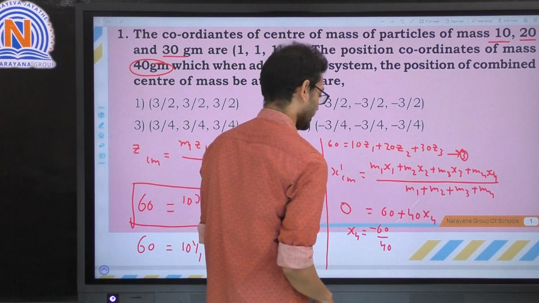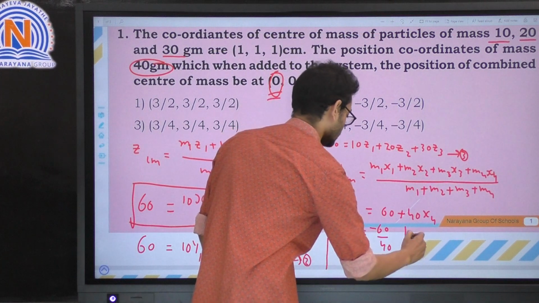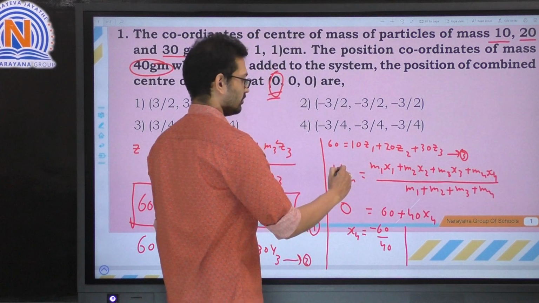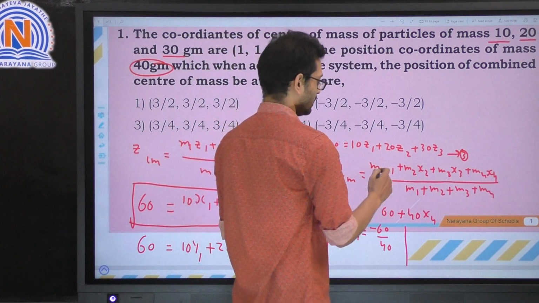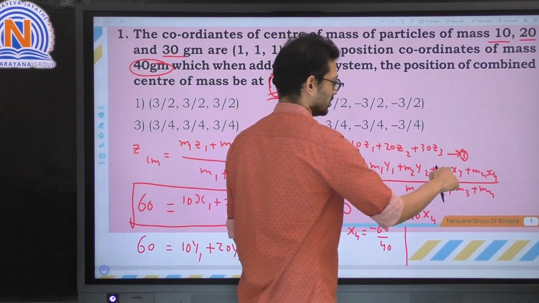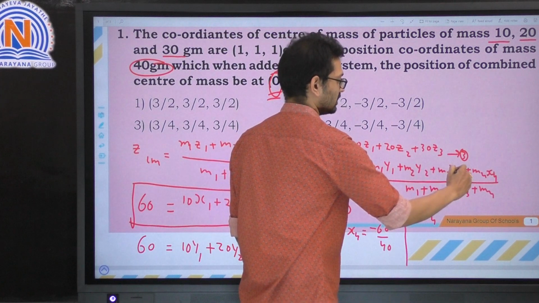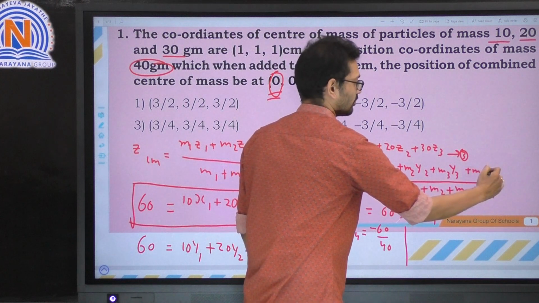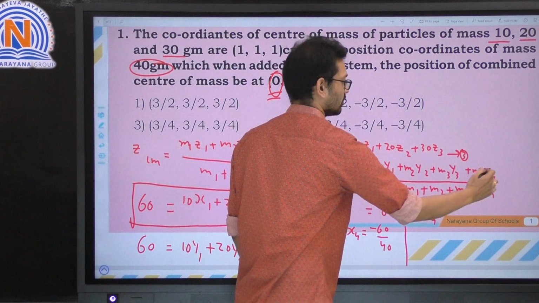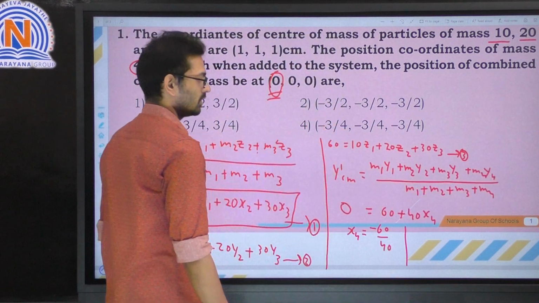and now let us go with y4. If you want to find y4, then y dash center of mass is going to be m1 y1 dash, m2 y2 dash, m3 y3 dash, m4 y4 dash, right?